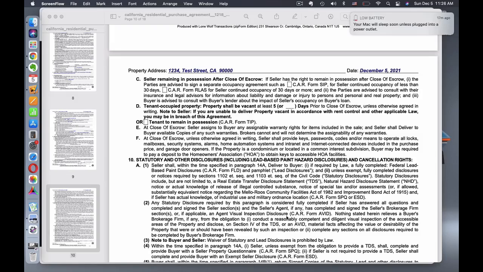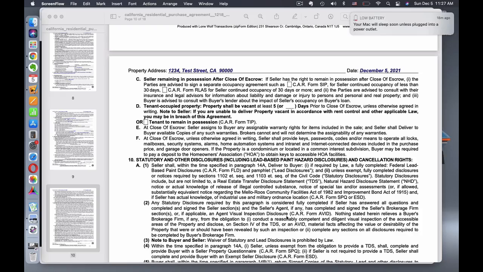And so there are some risks as to leaving the seller to remain in possession. These are done all the time. They typically go pretty well, but we can't guarantee that every time it's going to go perfectly. So this is something that we really need to talk about if the seller is going to stay on the property after it closes, and how you need to handle it.